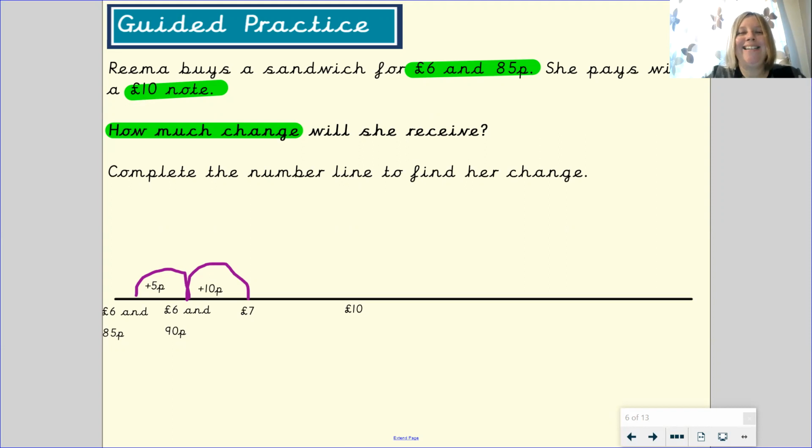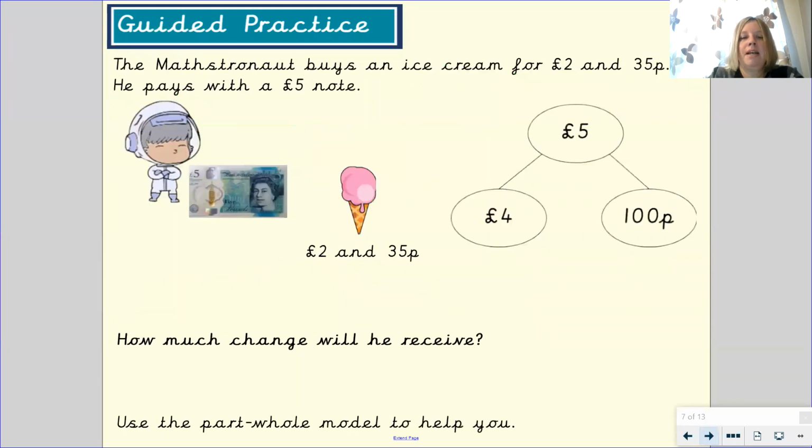So we would add £3. So if I add these amounts together, I would know that Rima would have £3.15 change. Well done for using the number line to help you to solve the problem.